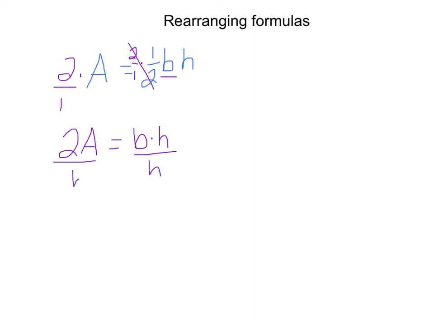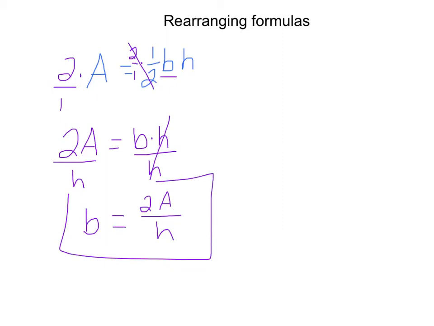So we're going to divide both sides by H. So our Hs will cancel out into 1. And to find our base given the area of a triangle, we are going to have to do 2 times our area divided by our height. And we have now isolated our B.